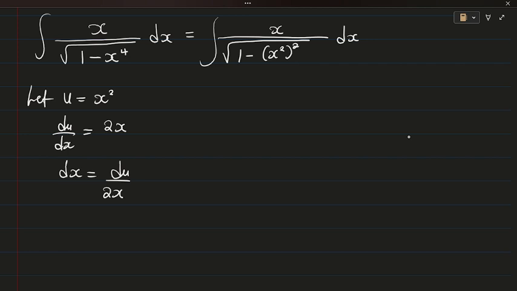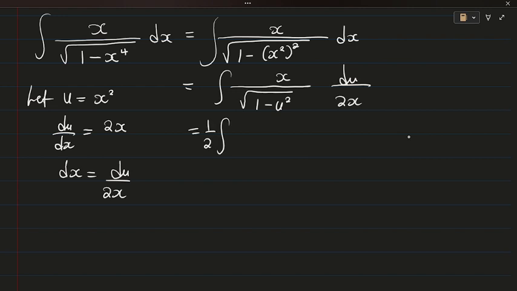We're going to have integral of x divided by square root of 1 minus u squared, and then dx we said is du over 2x. So you can clearly see that x and x are going to divide each other. So now we're going to have 1 over 2, then integral of du over the square root of 1 minus u squared.